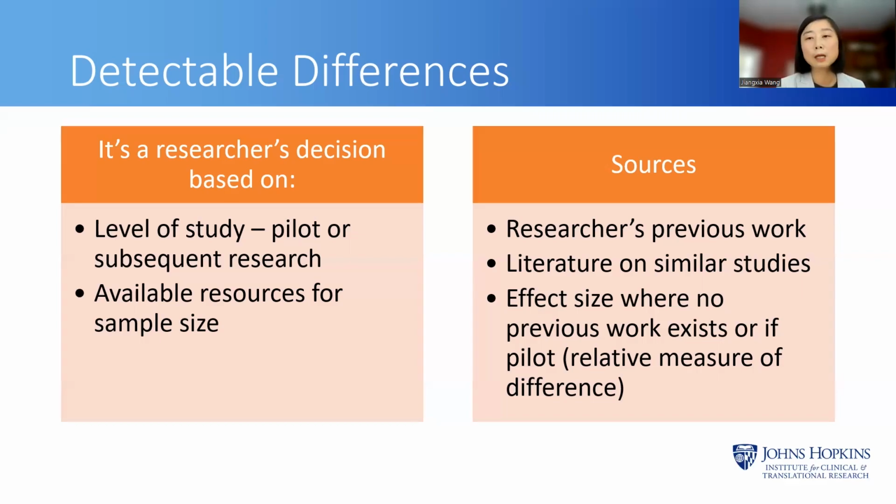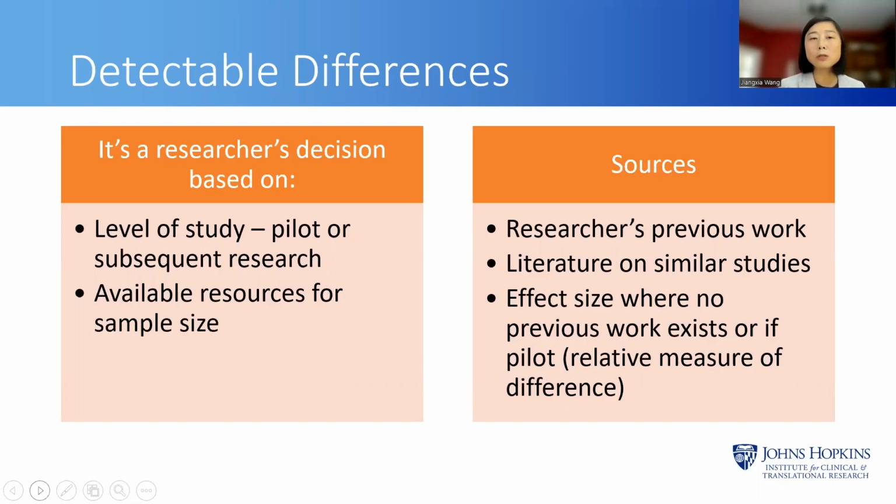For a pilot study, usually we would look at a larger detected difference, but in subsequent research, we probably want to look at a smaller detected difference. And this also depends on the available resources for sample size. If we can afford a larger sample size, we may be able to detect a smaller difference.